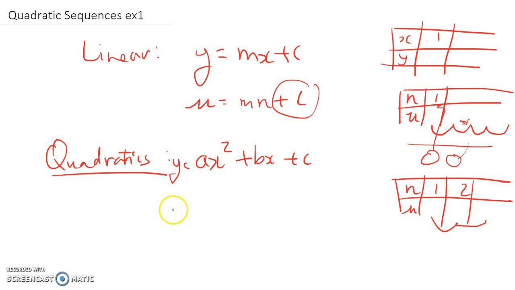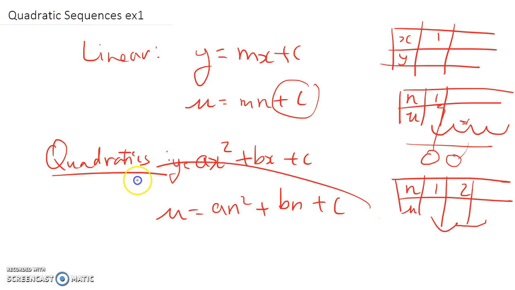This can often be substituted with u equals an squared plus bn plus c. The reason I've stated this equation is that we will be using it later to understand where we get this a term from.